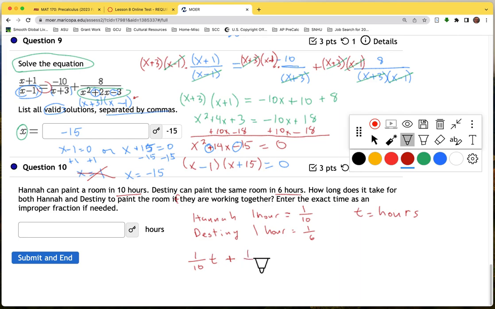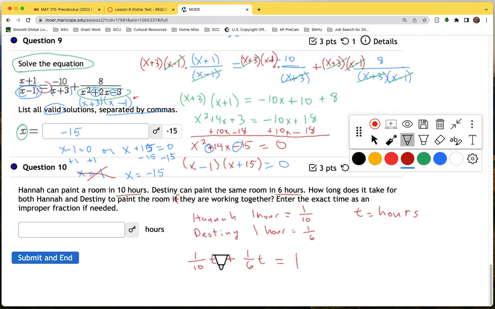She will do 1/6 of the job each hour. So whatever T is, we add those together, and that means that one job is going to be done. It's been a while since I've done these, and I'm just coming off the cuff, but I think that's what it is. They're going to complete one job.